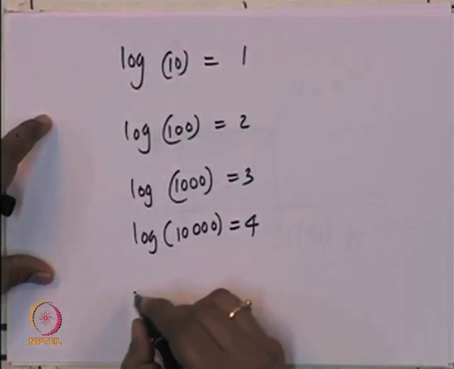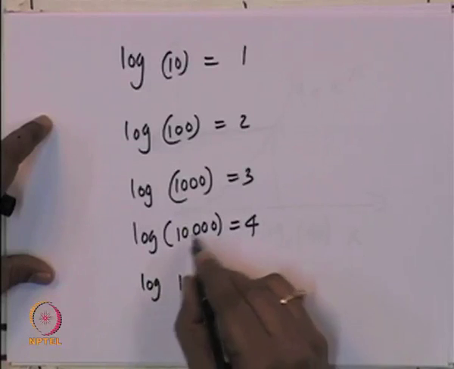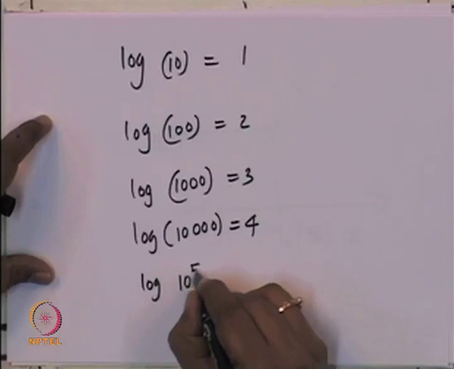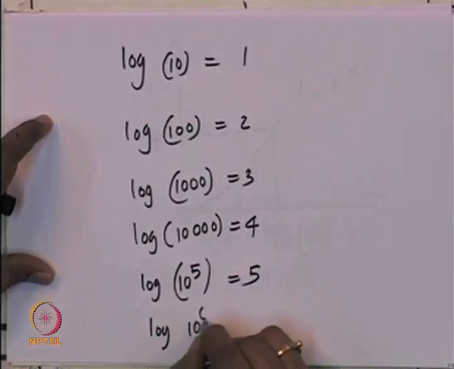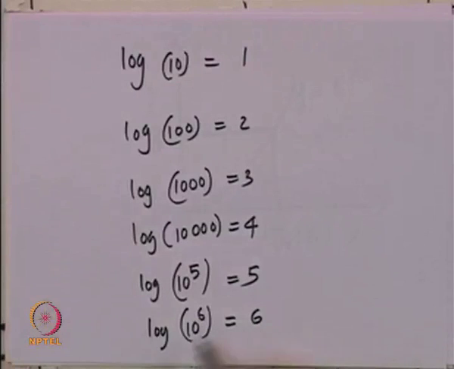You all know this. 10,000 is 10 power 4, and 10 power 5 gives 5. Log of 10 power 6, which is a huge number, a million, is just 6. So, the log of a million is 6. Just remember that the log of a huge number is a small number, and we will be using this property at some point in this course.